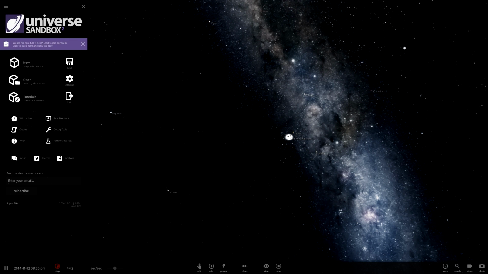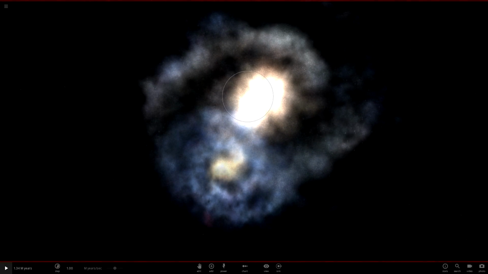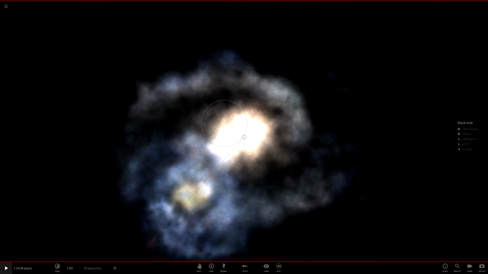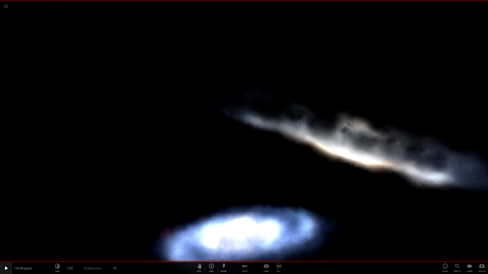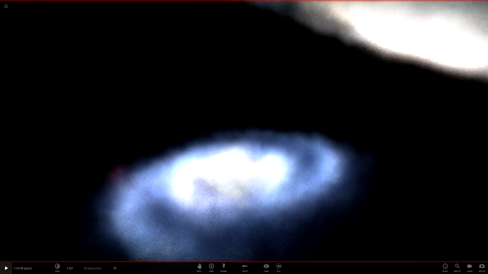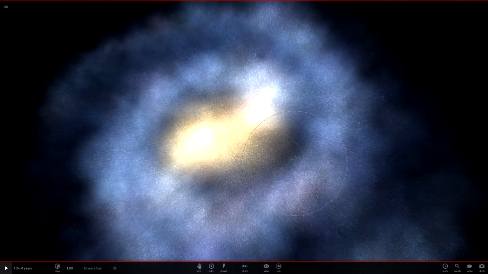Now, we are going to not break physics for this little thing, but we're going to do something that doesn't happen in real life, which is we're going to delete the black holes at the center of each galaxy in the galaxy collision experiment, which will require doing exactly what I just said, just deleting things, not that complicated.